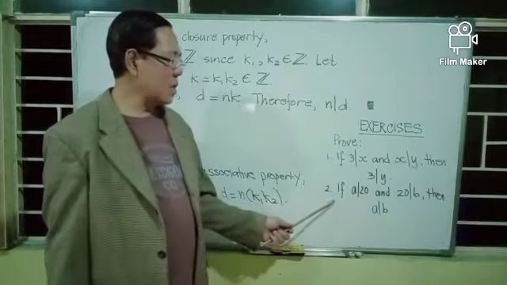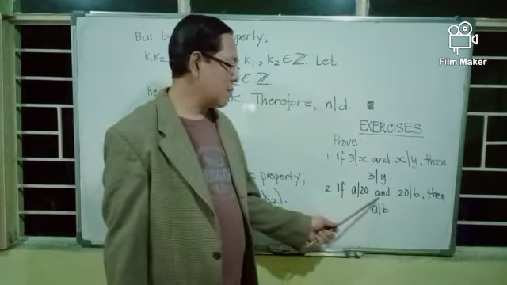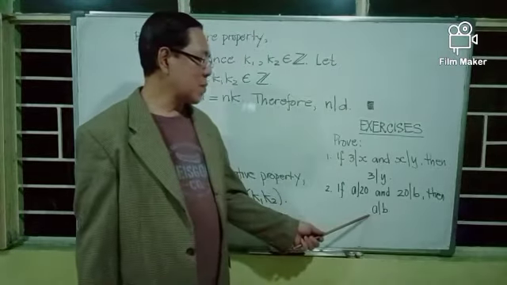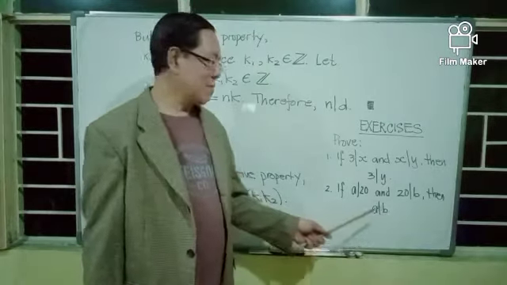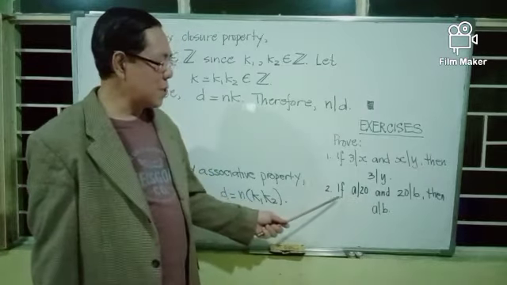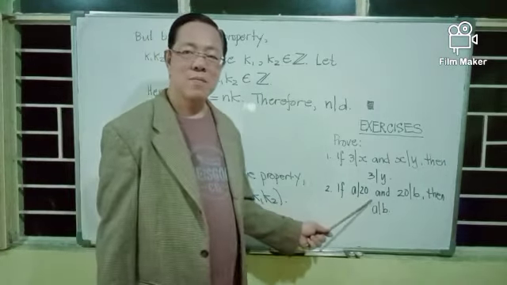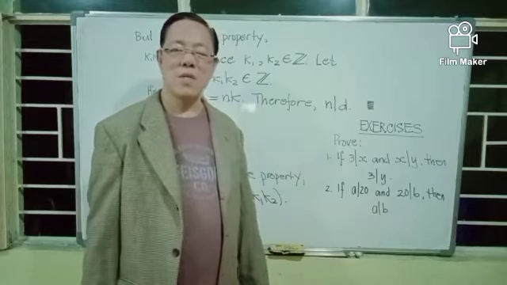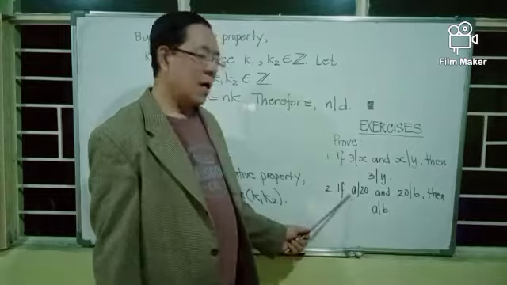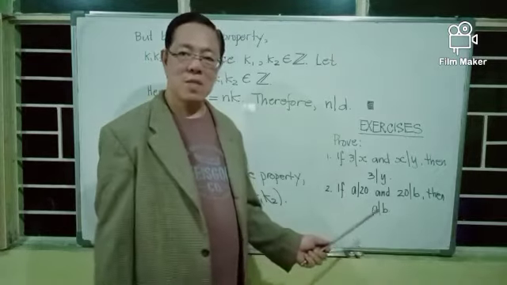For number 2: if A divides 20 and 20 divides B, then prove that A divides B. Again, you have two givens in number 2. A divides 20, which means there exists some integer k such that 20 is equal to A times that integer.